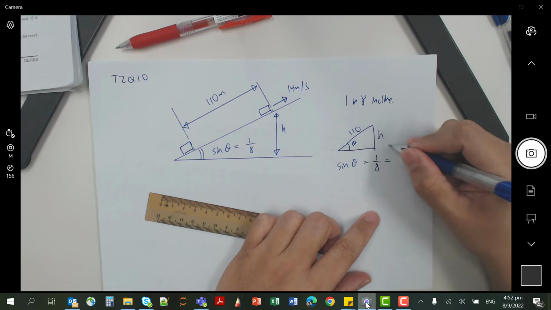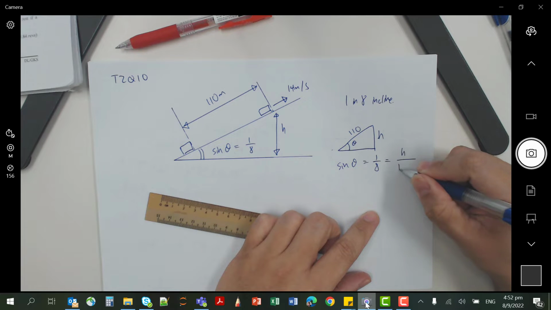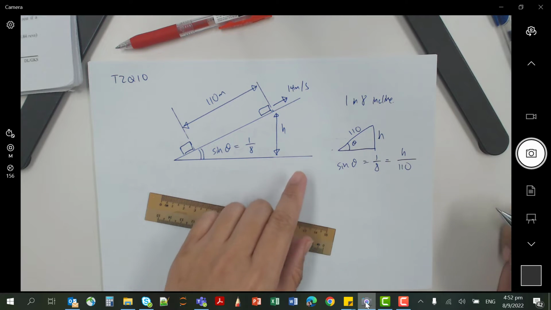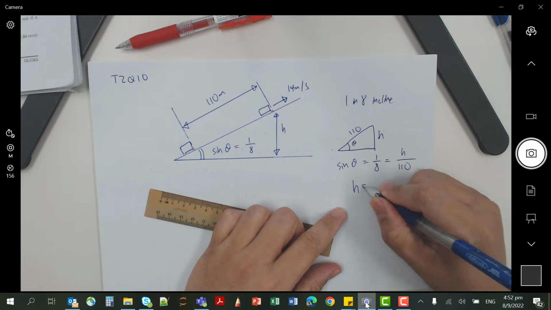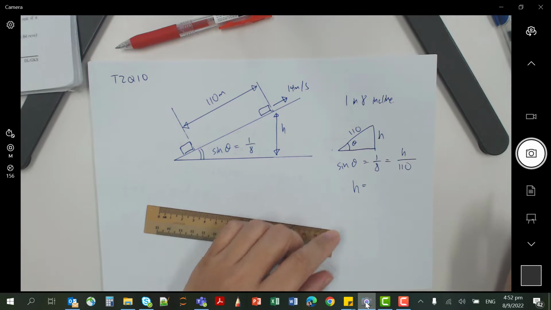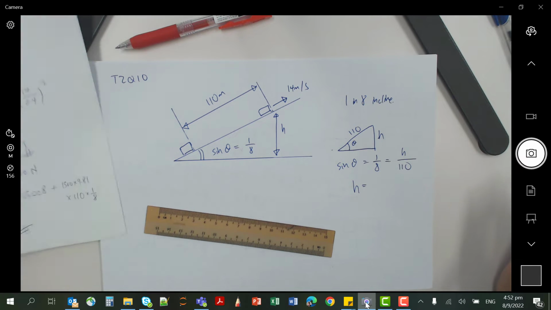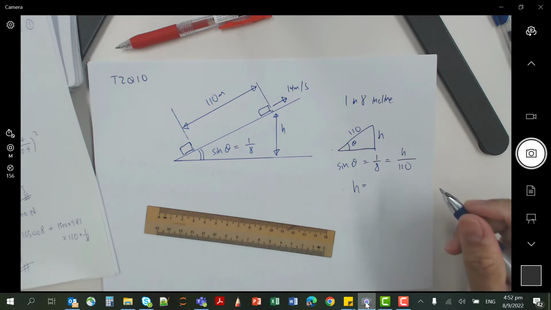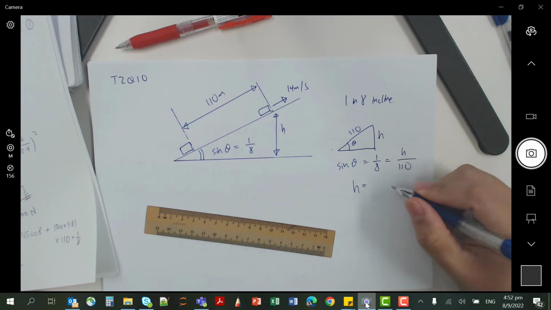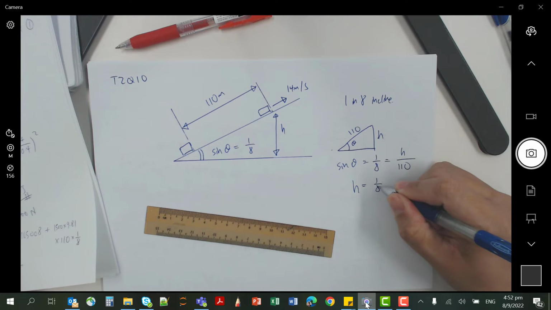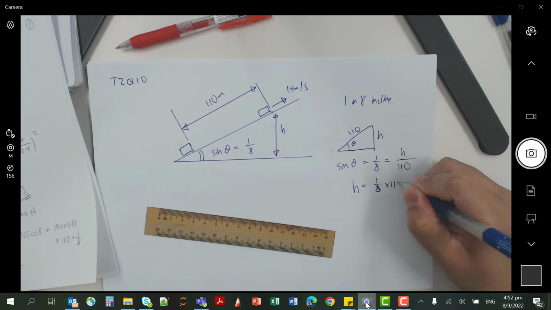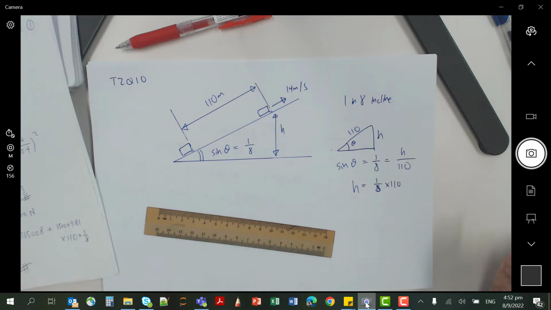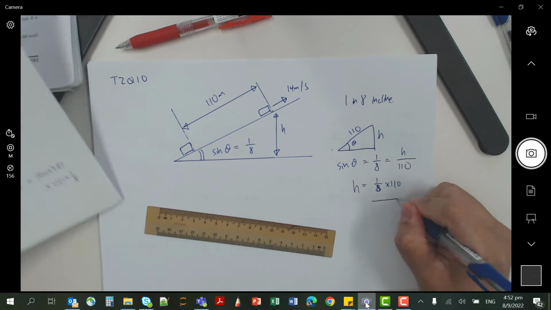So opposite is your h, h over 110. In fact, from this equation you can find h. H is 1 over 8 of 110. So let's just keep this in mind.